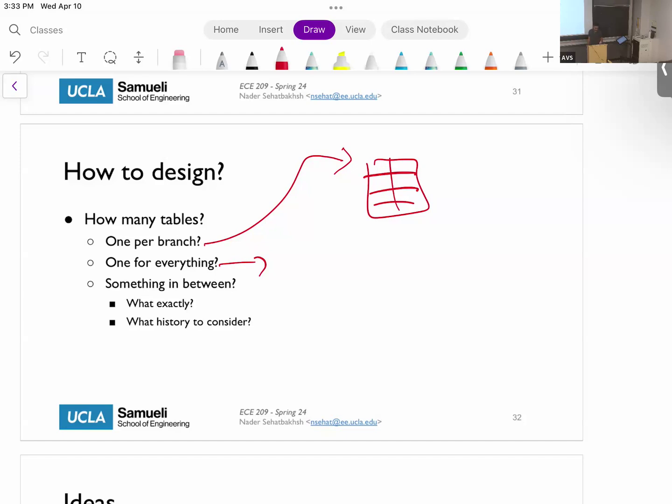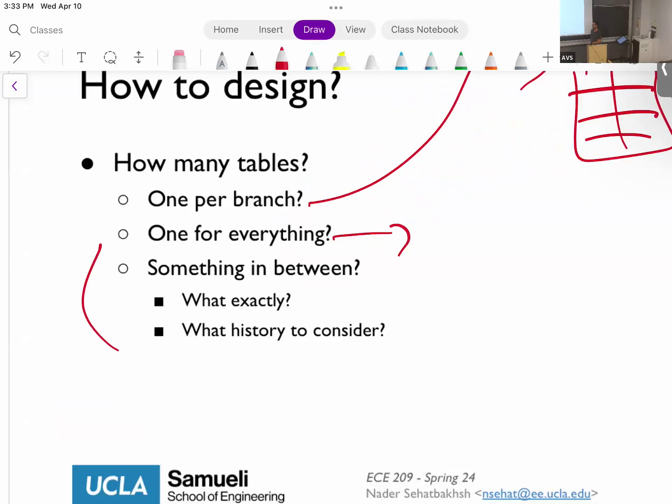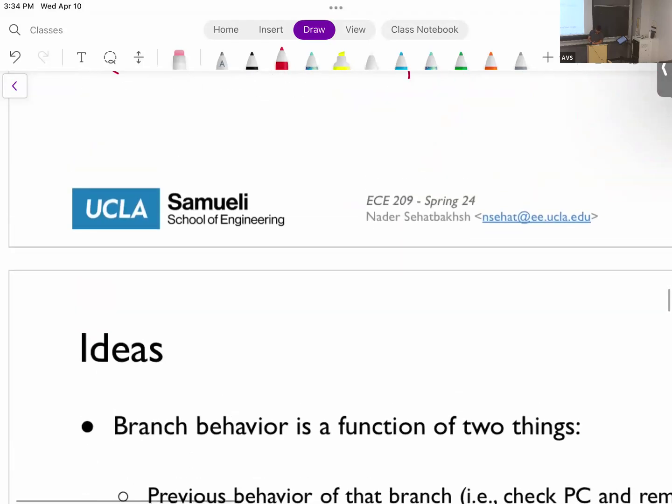Of course there will be something in between, for example one table that's shared between some of the branches but not shared between others. If you have that, we need to think about how we do this sharing. What's the right way of doing the sharing, and what's a good idea to do that?